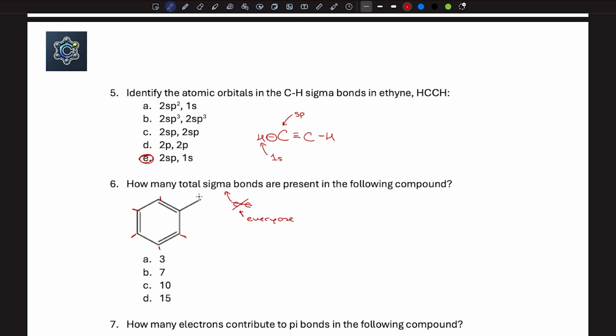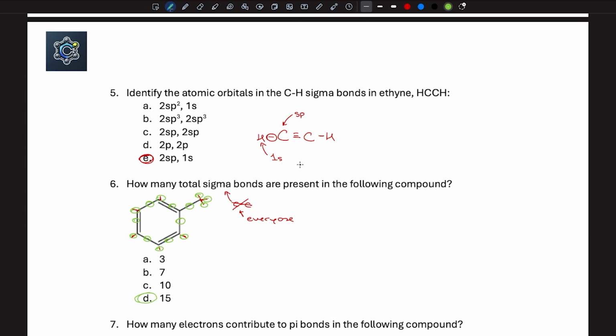And on this ending carbon, we're going to have 3 additional hydrogens stemming off. And so we're going to count all of them. So we'll have 1, 2, 3, 4, 5, 6, 7, 8, 9, 10, 11, 12, 13, 14, 15. And so our answer should be D, 15.